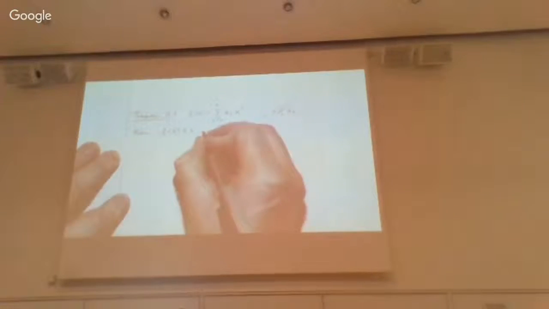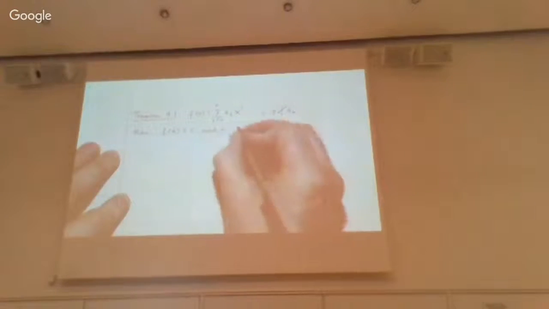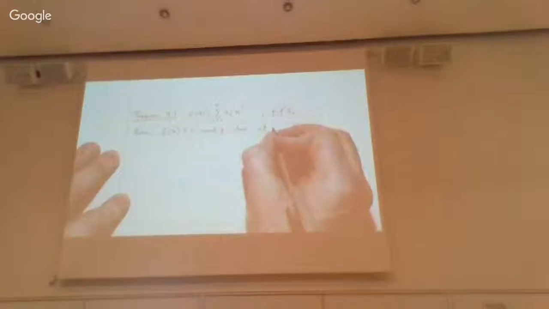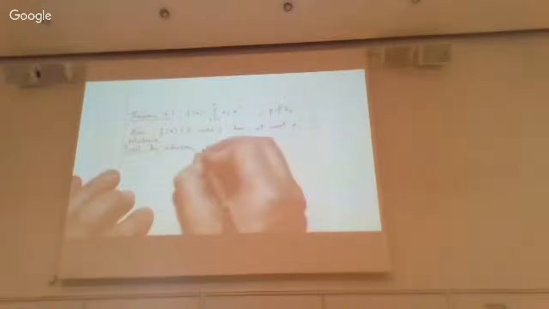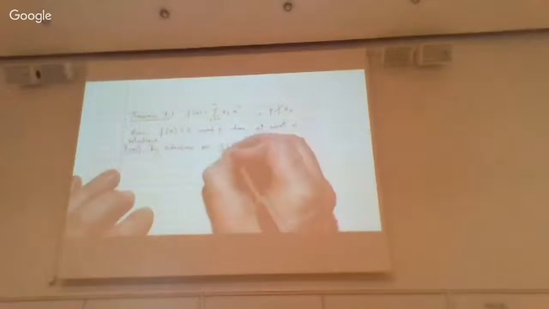Then it's saying that this congruence, f(x) congruent to 0 modulo p, has at most n solutions. Okay, so the proof is by induction on n, n greater than or equal to 1, n being the degree of the polynomial.